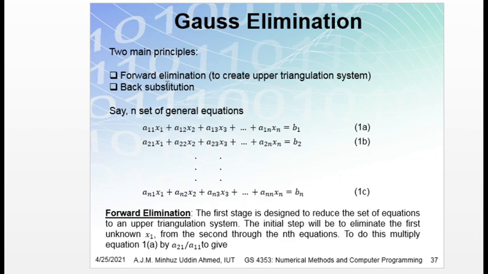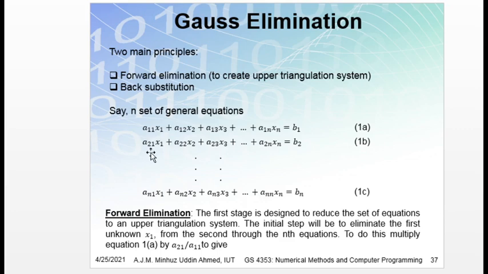As you can see, what is forward elimination? Forward elimination is to create an upper triangular system, so that if there are n equations and n unknowns, in the first equation all unknowns and all coefficients should be present. In the second equation, the first coefficient along with the first variable will vanish. Only n minus 1 variables will be present in this equation.